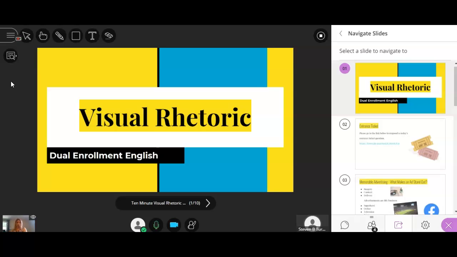And how rhetorical devices, specifically ethos, pathos, and logos, are really important in order to have the audiences lean in a certain direction, right? But what is visual rhetoric? That's what we're going to talk about today, because visual rhetoric is really important to our lives today.